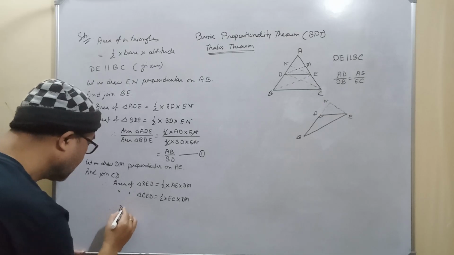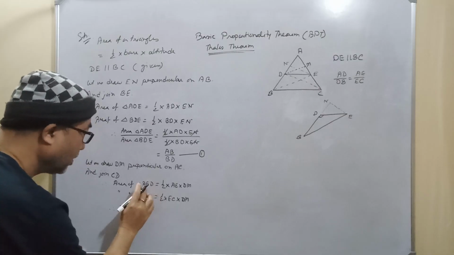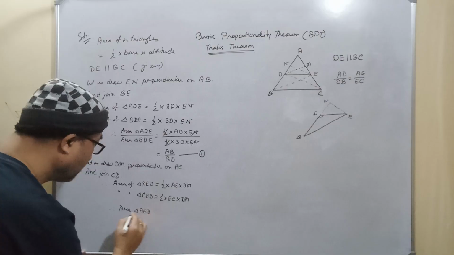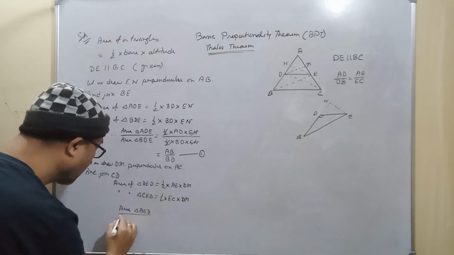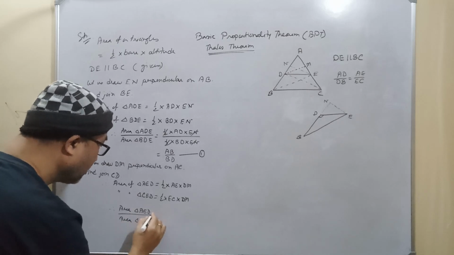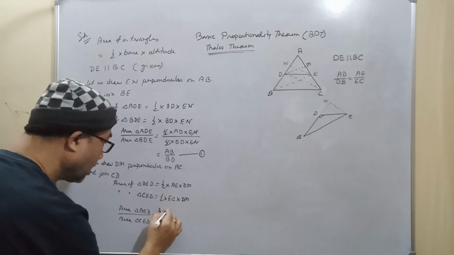Hence, area of AED, which is also equal to ADE, it is the same triangle, divided by area of CED, half of AE into DM divided by half of EC into DM.